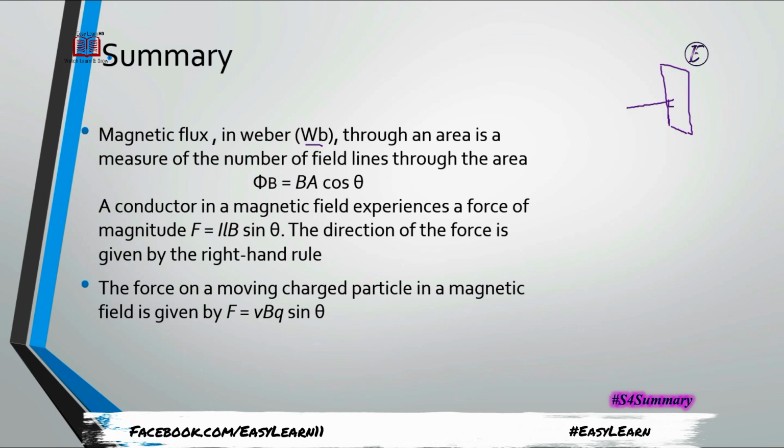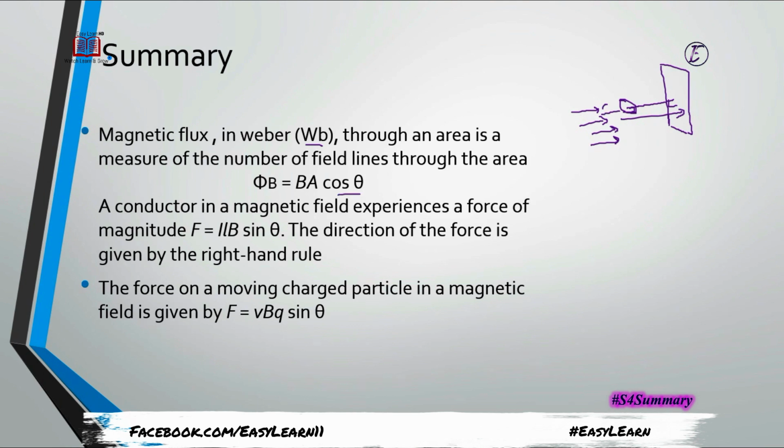Normal means an angle of 90 degrees to the surface, and if the magnetic field is applied along the normal to the surface area, making an angle of 0 with the normal, not perpendicular but parallel to it, then we use cos theta.